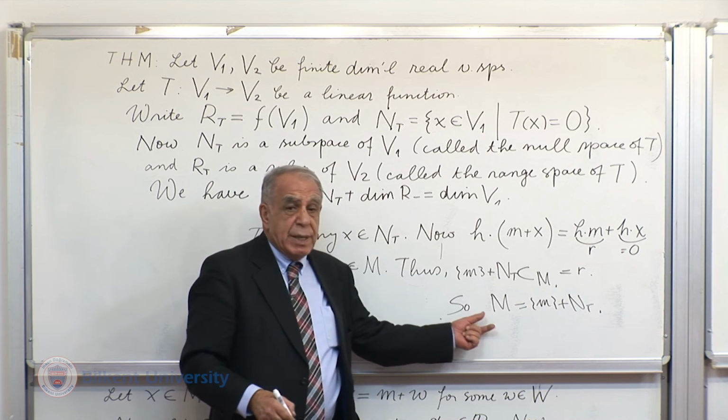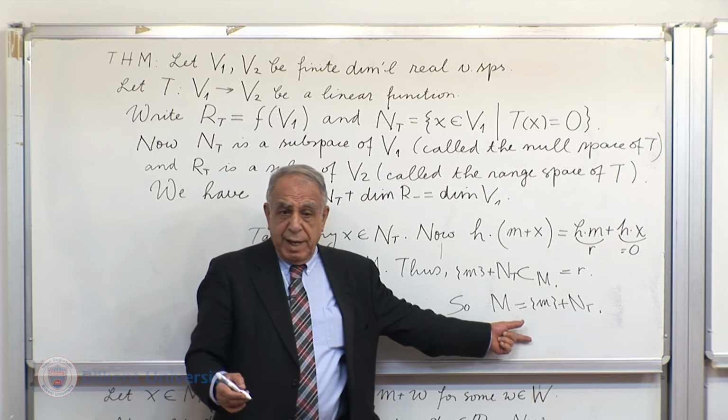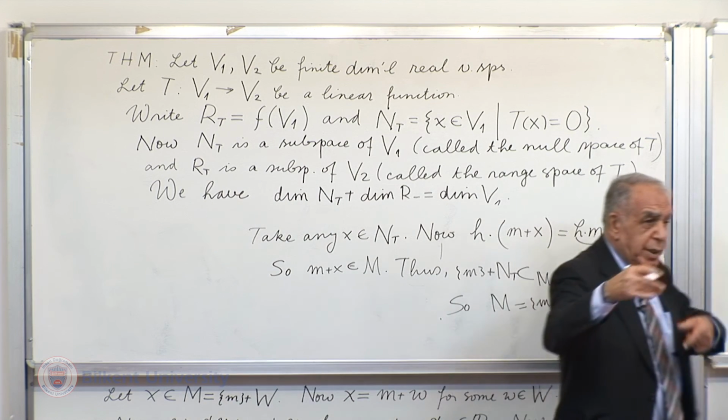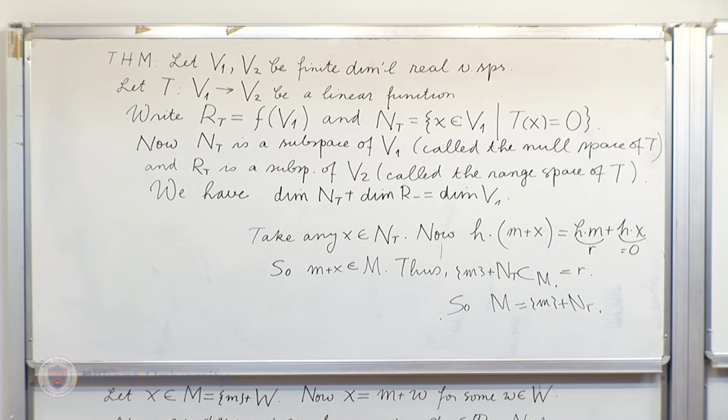So this M is an affine subspace of Rn, because it's of the form some singleton m plus some subspace. What remains to be shown is that N sub T has dimension n minus 1.